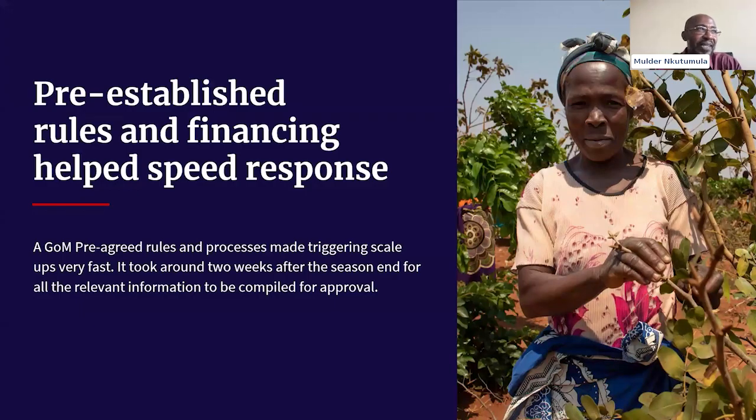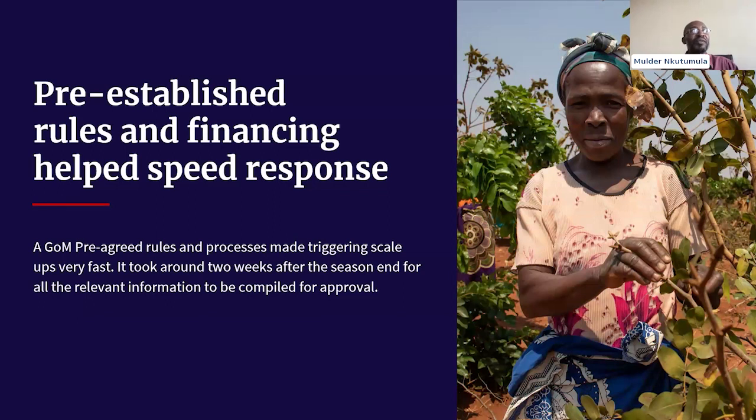These are some of the things that we have learned throughout the period: when you have pre-established rules and financing, it helps to speed up the response. The main reason is because you have a well-documented guideline. If this happens, this is what we're going to do.